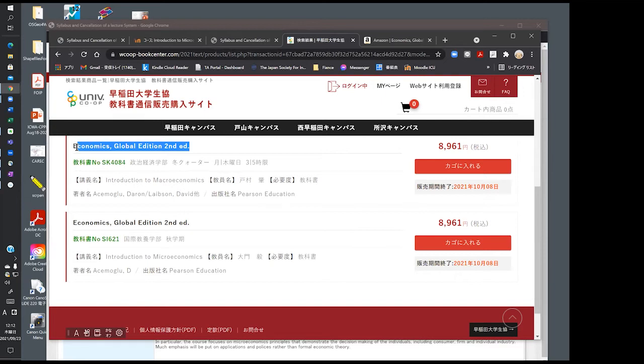If you look at the table of contents of this global edition, chapters 1 to 18 cover micro issues, and chapters 19 to 29 macro issues. So actually we are simply using the first half of this book.